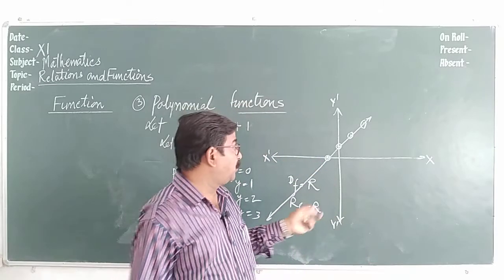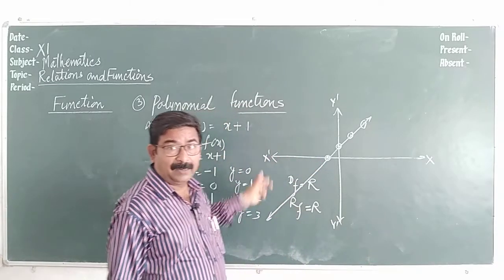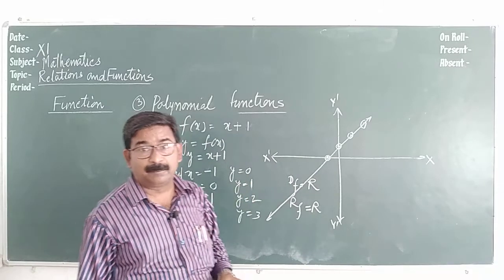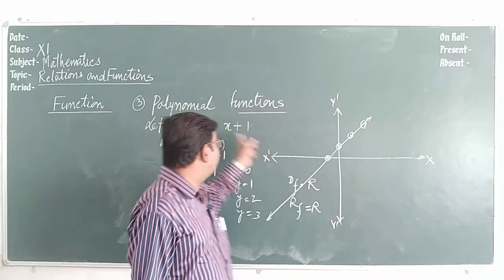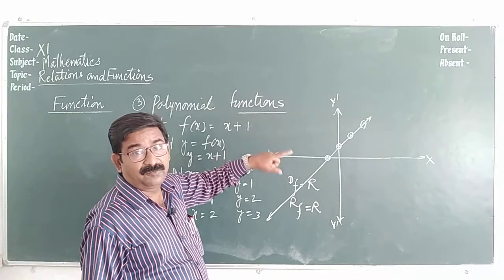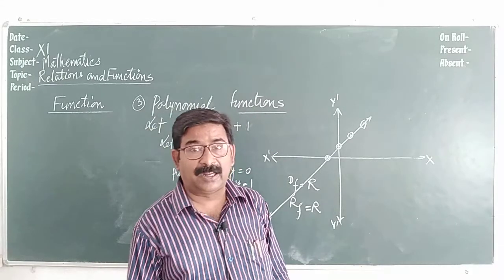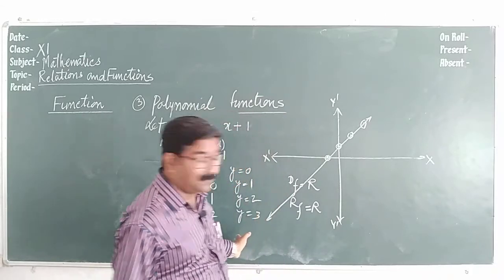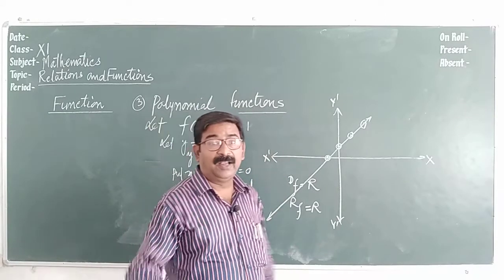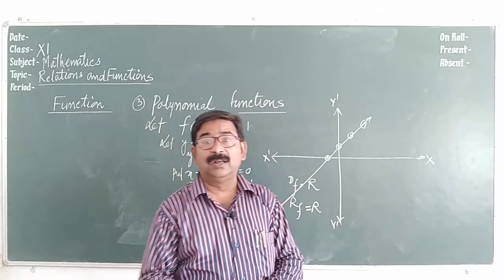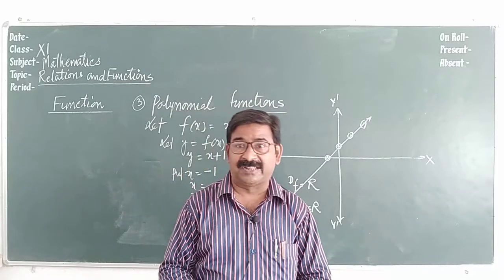Means you will plot the graph, not my example; you will take another example of constant function, identity function and this kind of function, and you will plot the graph by taking points as I have taken, and you will mention the domain and range of this kind of function.